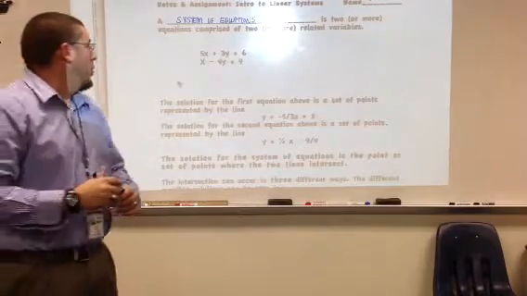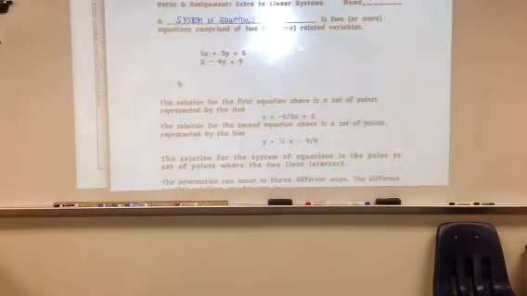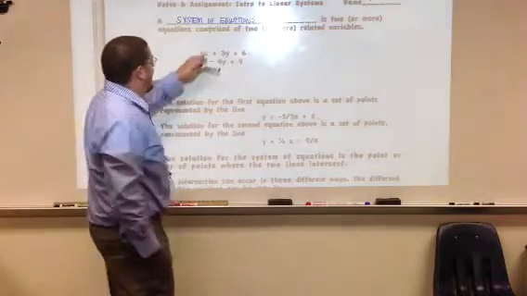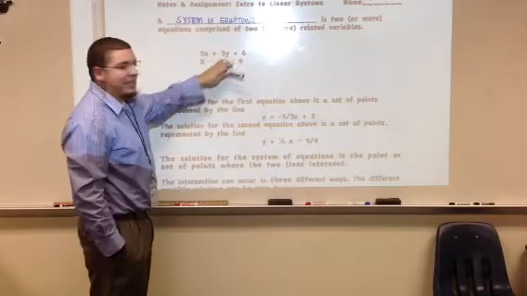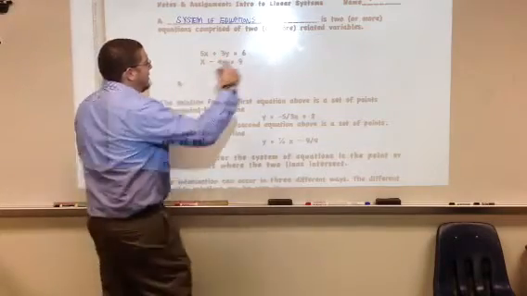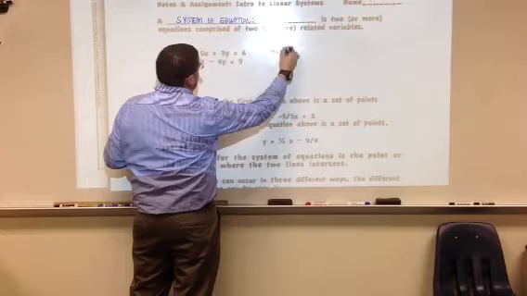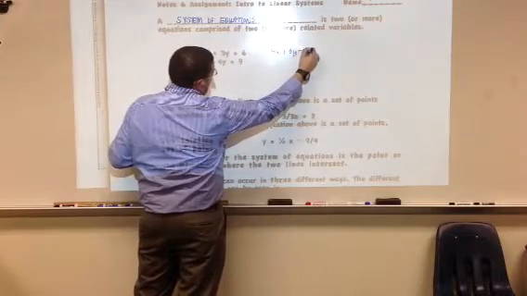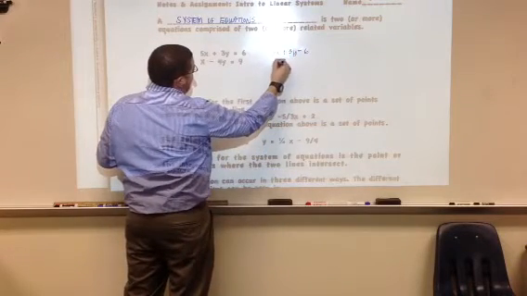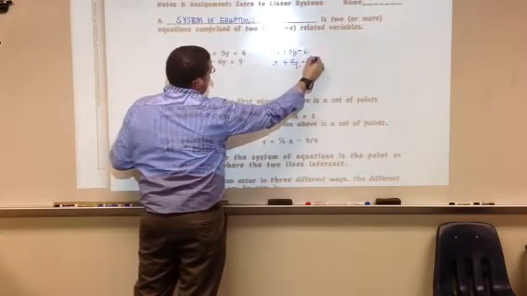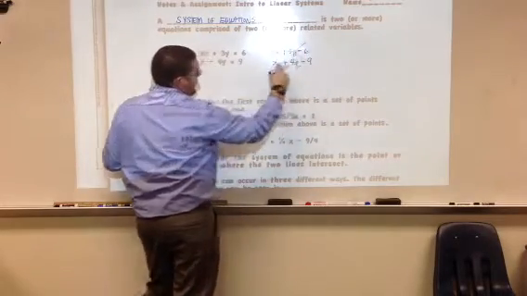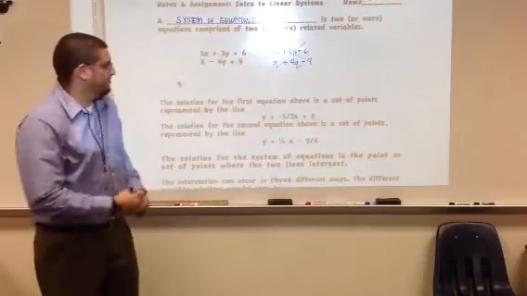The key component here is you have to have the same variables. This would not be a system if I had 5x plus 3y equals 6, and then I had z plus 4q equals 9. They have different variables. They have to be the same variables.